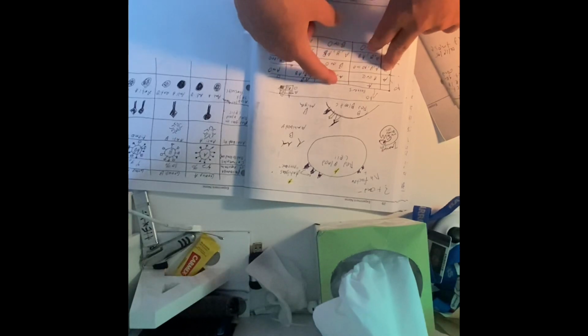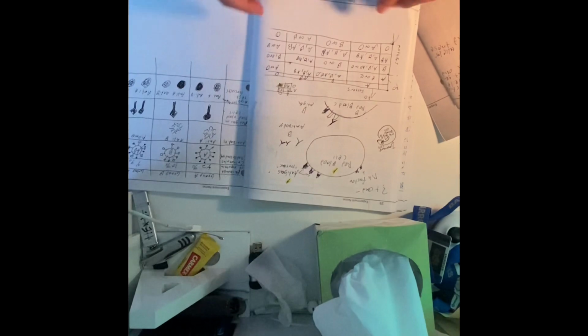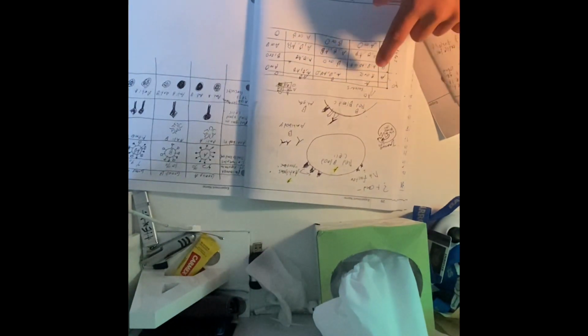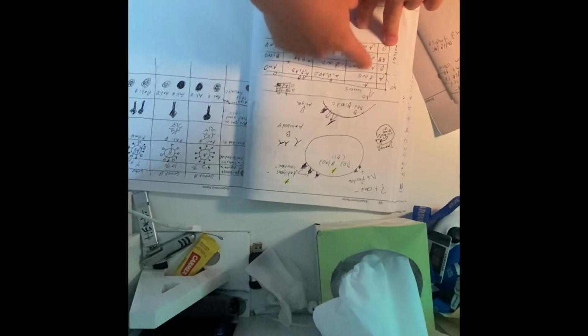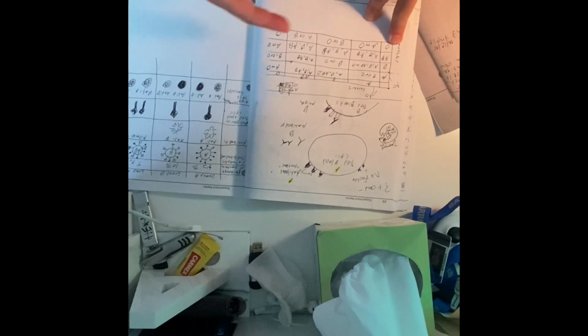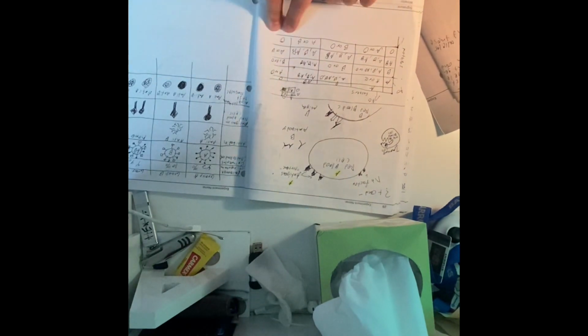Their child will obviously be a BB, which would be a B blood type. However, if the father had an A blood type and the mother had a B blood type, both of them are dominant, so it would be an AB blood type. If the father had an A blood type and the mother had an O blood type, it would be an A blood type because the O is recessive. If both of them had O's, they would come together and make an O blood type.